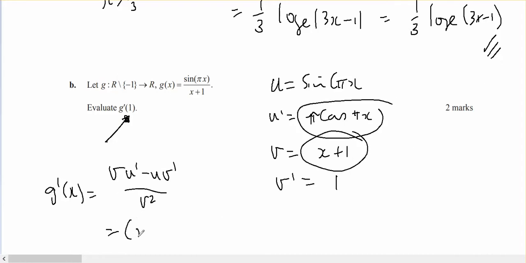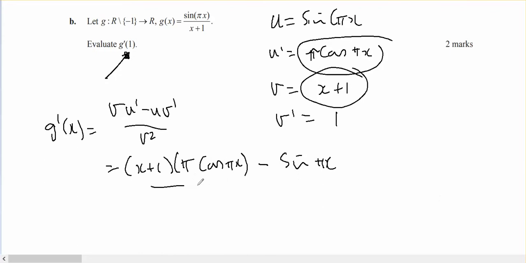So I've got x plus 1 times pi cos of pi x minus sine of pi x, all divided by x plus 1 squared, and g dash of 1.